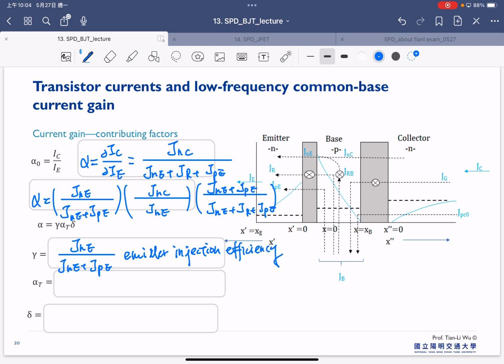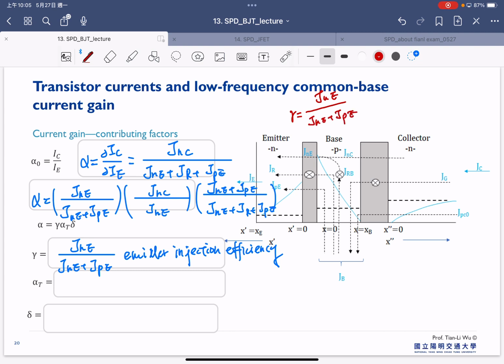And if you look back at the plot as shown here, gamma is just equal to JNE over JNE plus JPE.